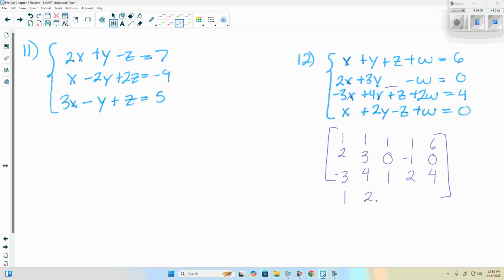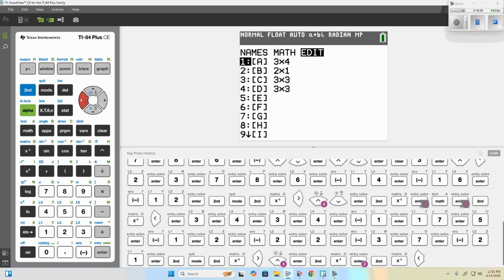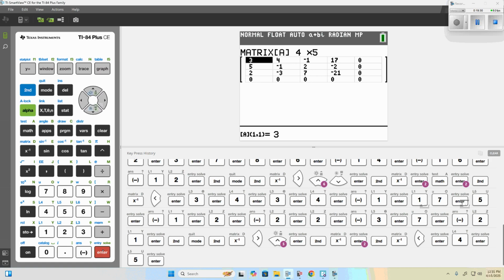And the last one, 1, 2, -1, 1, 0. So when we have 4 variables, here we have 4 equations with 4 variables. And when we type it into the matrix, it's going to be a 4 by 5.